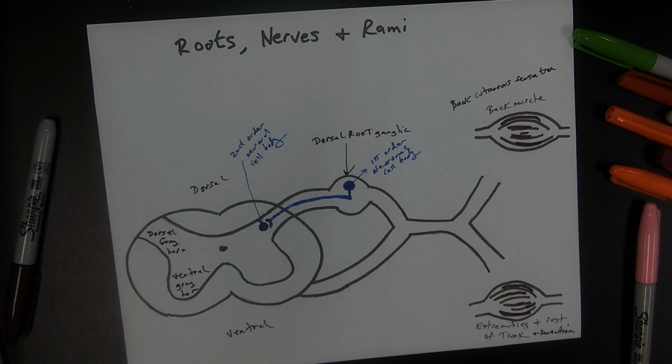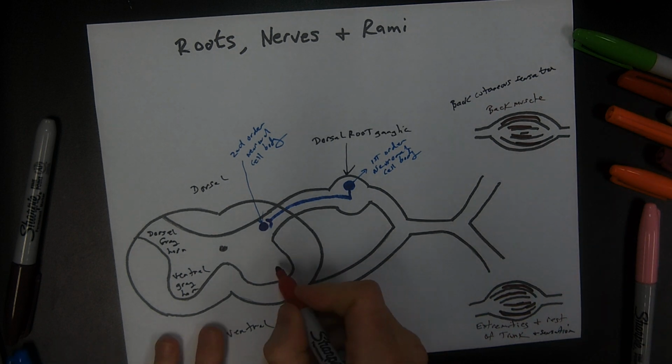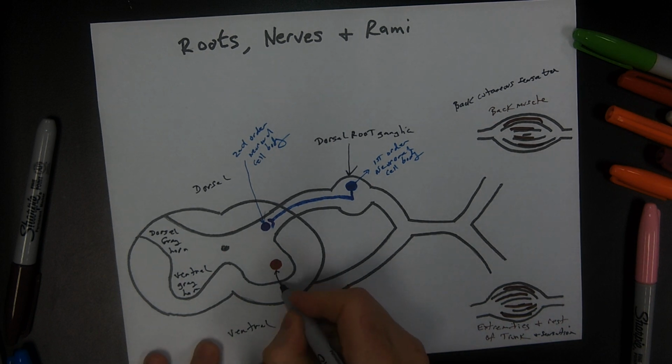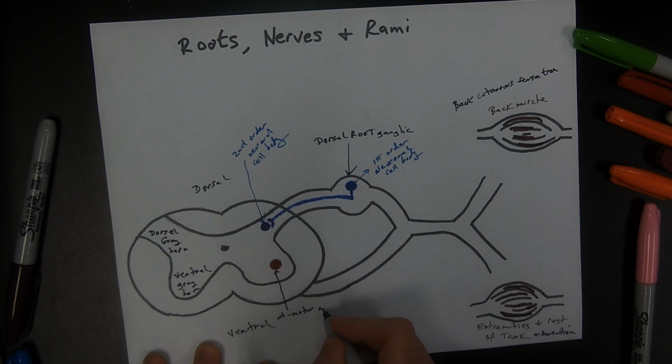We also talked about, for the motor system, that the neuronal cell bodies reside here in the ventral gray horn. And this neuronal cell body has a special name. It's called an alpha motor neuron.